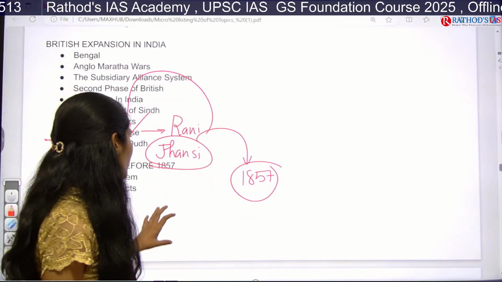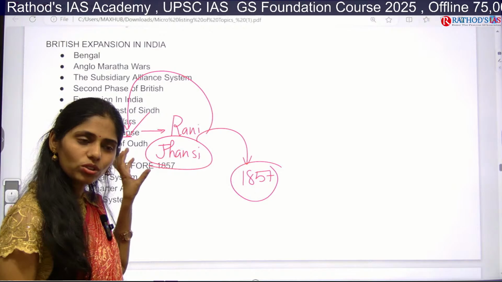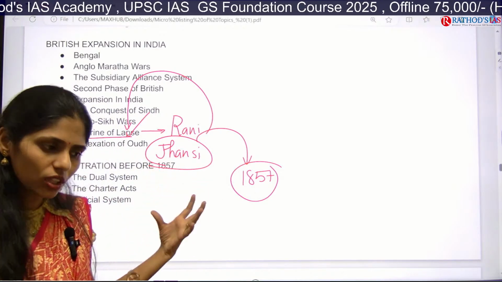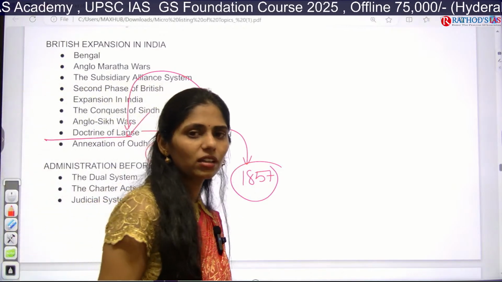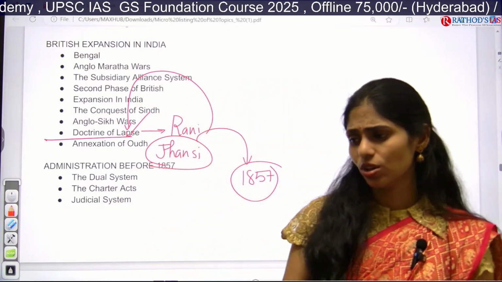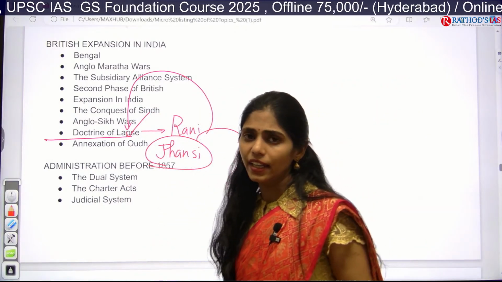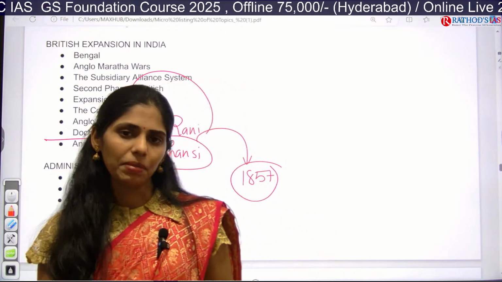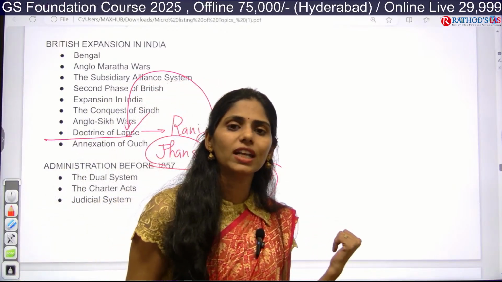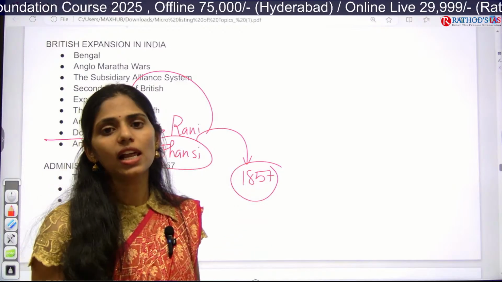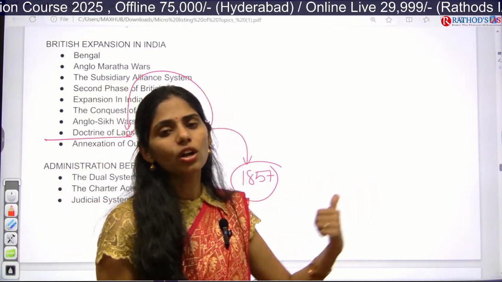At that time, the Jhansi kingdom used to have a small boy, but unfortunately they lost that heir, and they adopted one son, but that adopted son was not taken into account according to Dalhousie's doctrine of lapse.